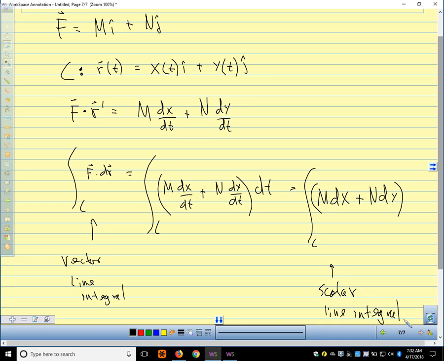So that's our relationship. We can write f dot dr, when f is written as m i hat plus n j hat, and our parameterized curve x of t i hat plus y of t j hat, as m dx plus n dy over our curve.